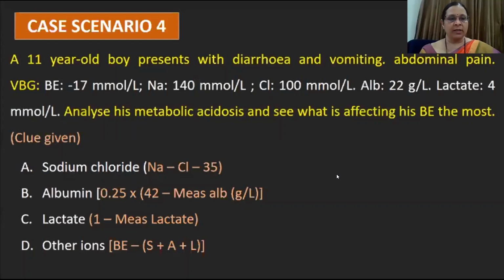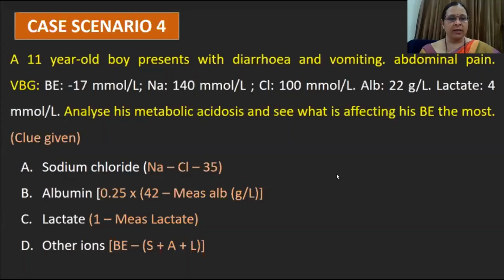Yep. Next is the lactate. Lactate we can calculate by 1 minus measured lactate. That will be 1 minus 4, which is equal to minus 3. Then we'll calculate the other ions. Other ions is equal to base excess minus the sum of the sodium chloride, albumin, and the lactate.